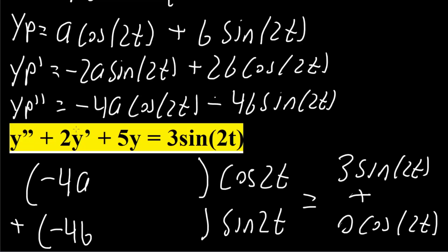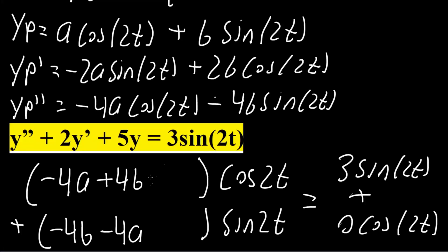Next we have 2y prime, so we multiply this by 2, so it's going to be negative 4a sine 2t plus 4b cosine 2t. So for cosine 2t, we write plus 4b, and for sine 2t, negative 4a. Then plus 5yp, so 5a cosine 2t plus 5b sine 2t.